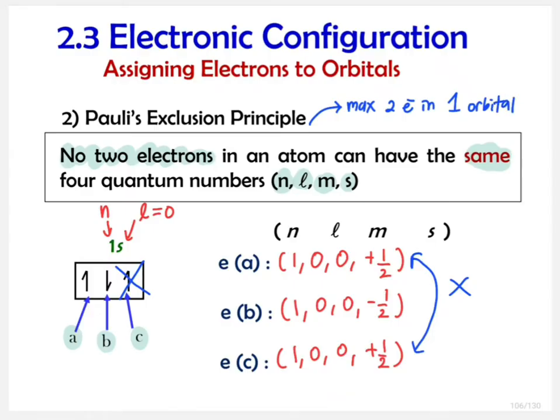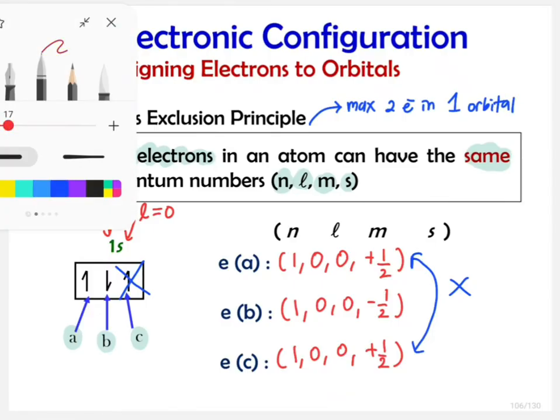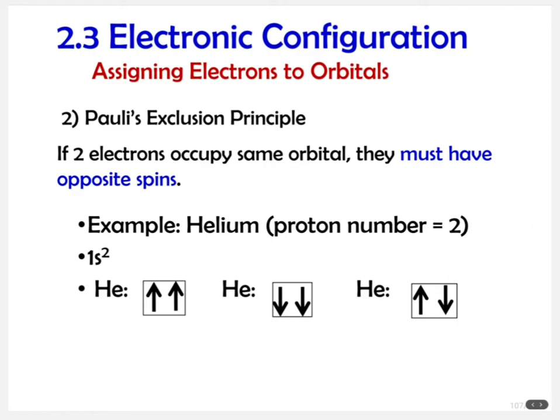Okay. Jadi, ni daripada Pauli. Kalau kita tengok dekat sini, based on set of quantum numbers yang kita tulis tadi, kita tahu dalam satu orbital boleh letak 2 elektron sahaja. But, if 2 electrons occupy the same orbital, they must have opposite spin.